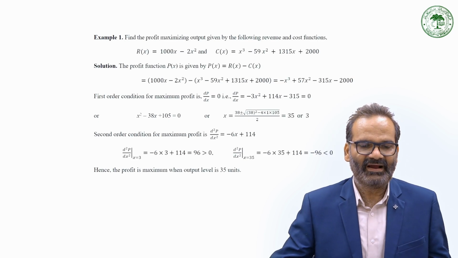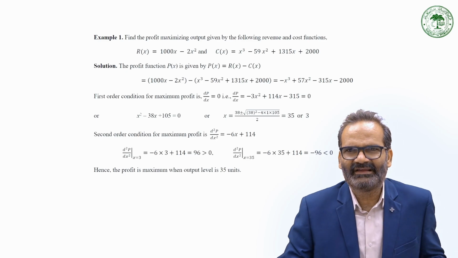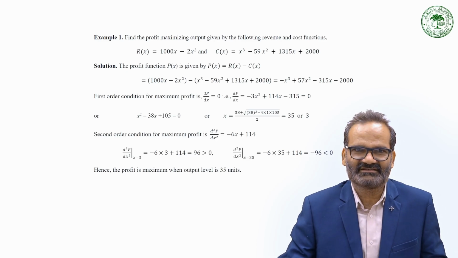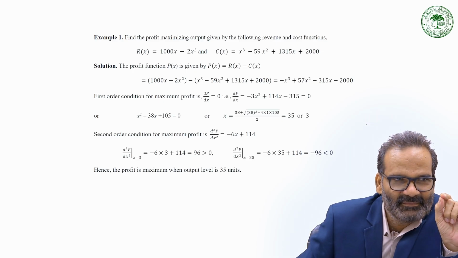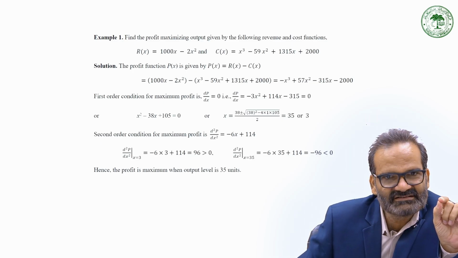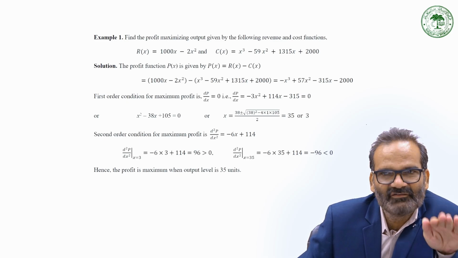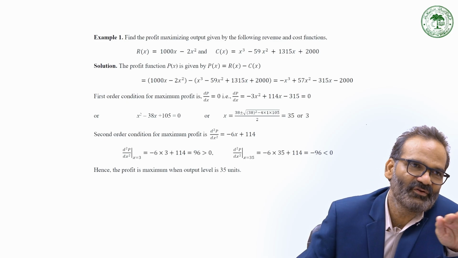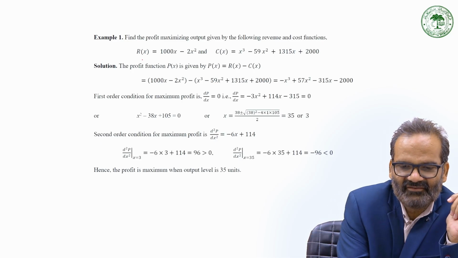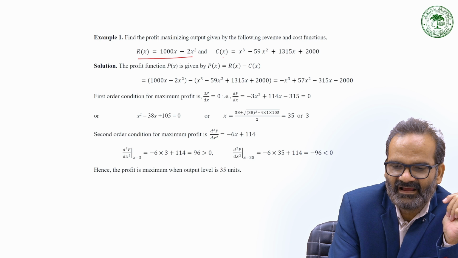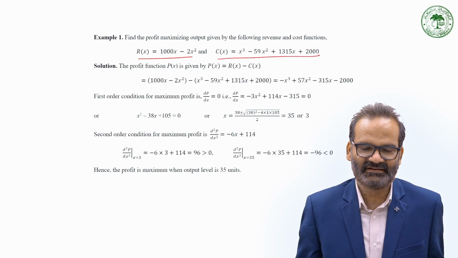So let us take some examples. Example 1: find the profit maximizing output given by the following revenue and cost functions. Look at the first example. I have told you in the beginning when we started the profit function, the revenue function or the cost function will be given to you in the question. If not, then you can calculate it. Here, fortunately, we have been given both the revenue function and the cost function. So naturally, the process is very simple.